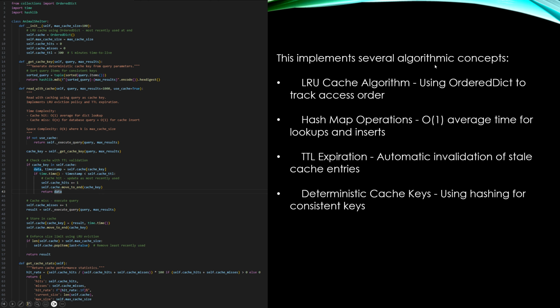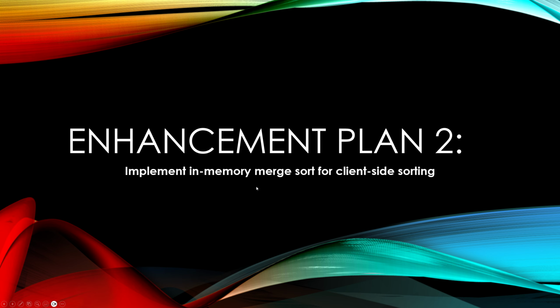This is plan number 1. This implements several algorithmic concepts: first, the LRU cache algorithm using an ordered dictionary to track access order. Second, hash map operations. Third, TTL expiration. And fourth, deterministic cache keys.